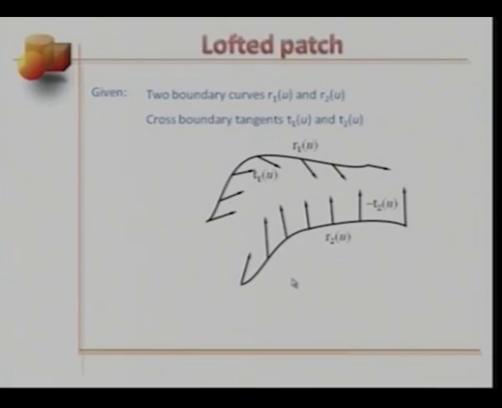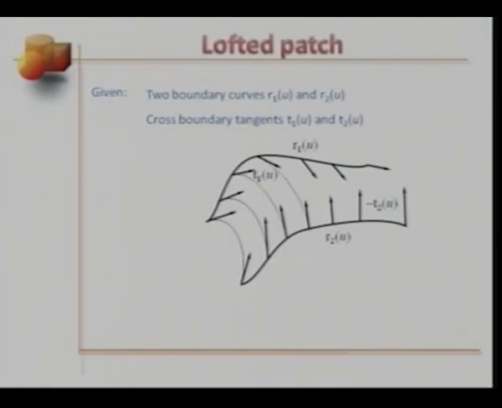What we can do is, for any value of u, we can choose a corresponding point on this curve, and loft a curve using these two corresponding tangents, like so.